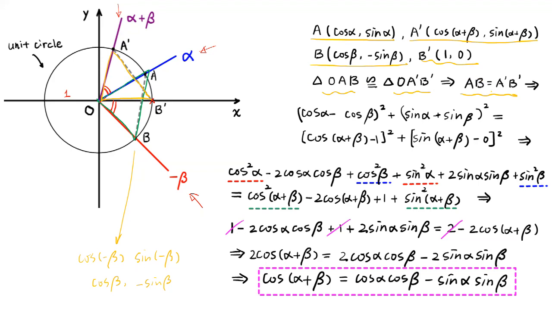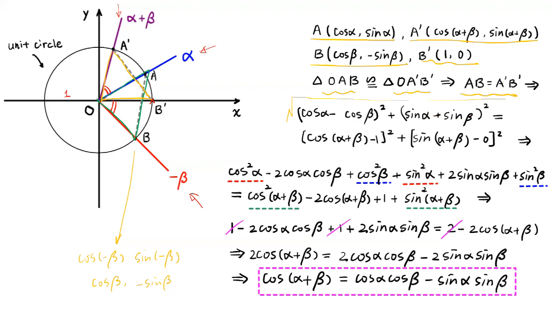And the length of AB is calculated using the difference between the x coordinates and the difference between the y coordinates, right? So the length of AB is just the square root of (cosine alpha minus cosine beta) squared plus (sine alpha plus sine beta) squared.